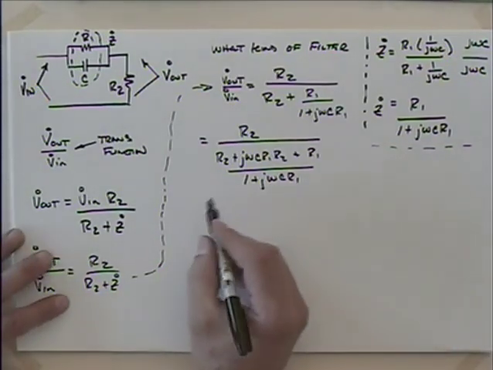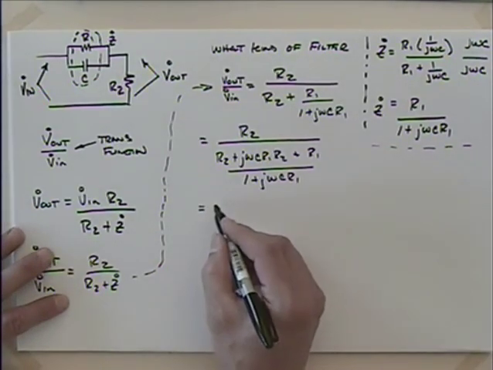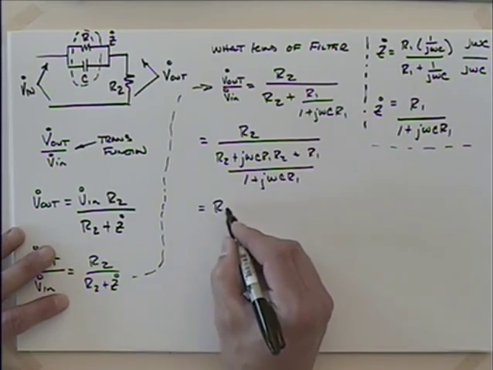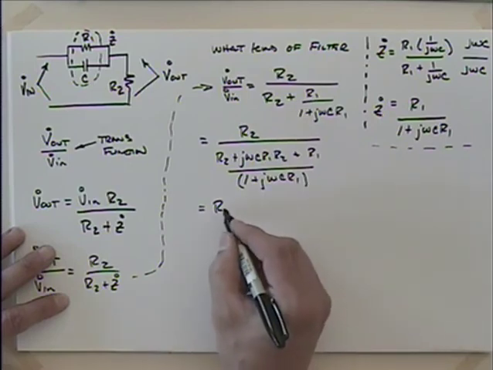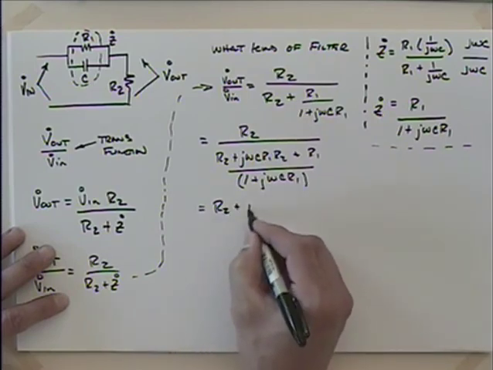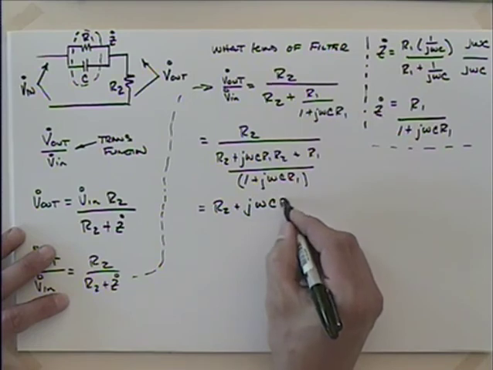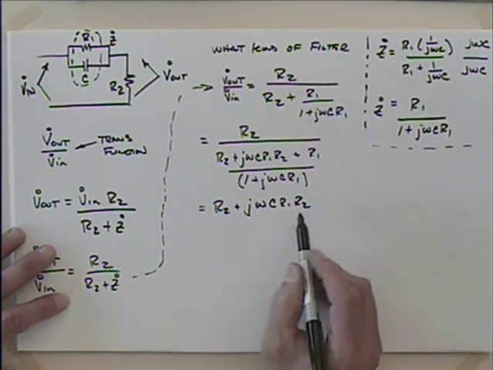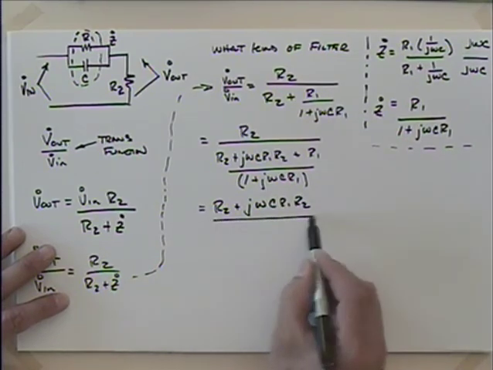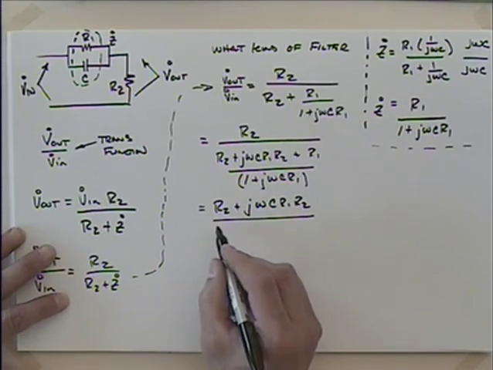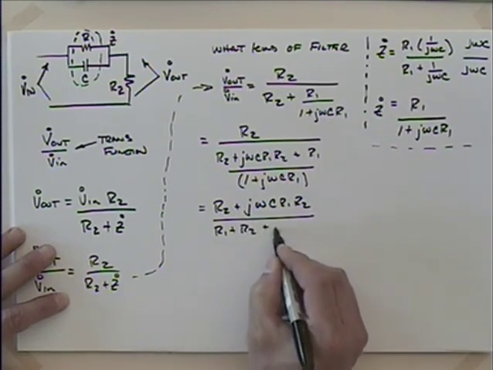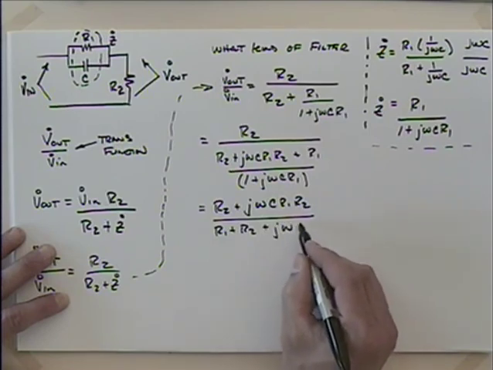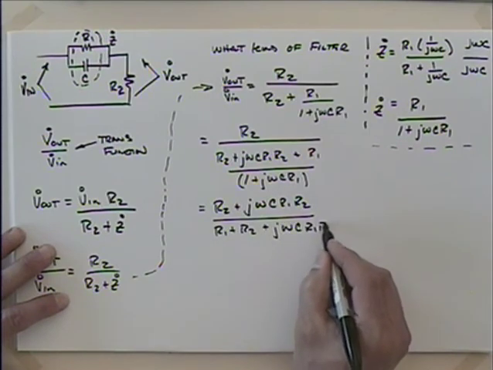So then I can flip that up there, and I'm going to have R2, because I'm going to multiply R2 by this term down here, so I'm going to have R2 plus j omega C R1 R2 divided by, what do I get, R1 plus R2 plus j omega C R1 R2.